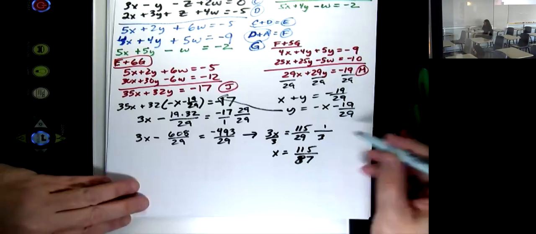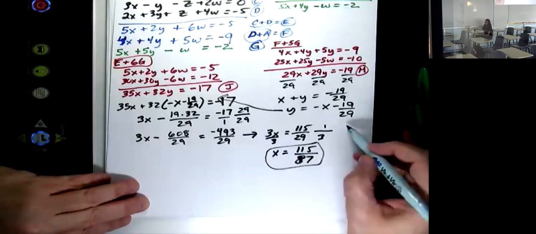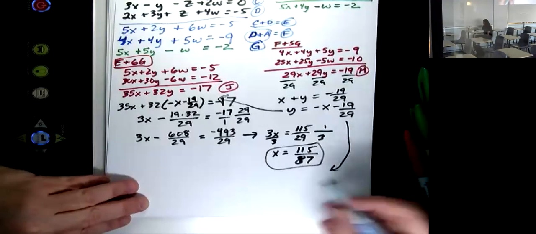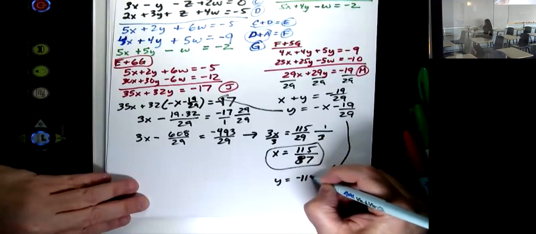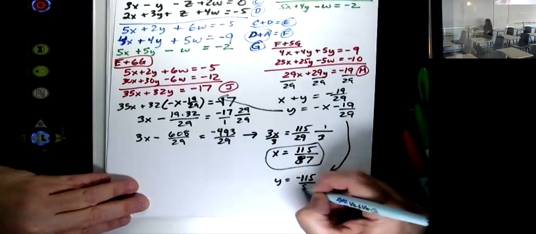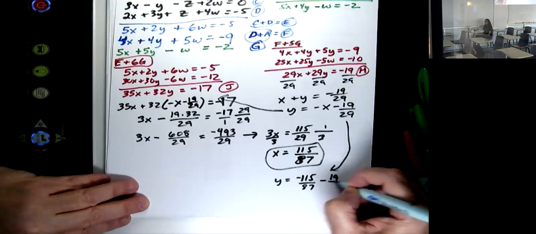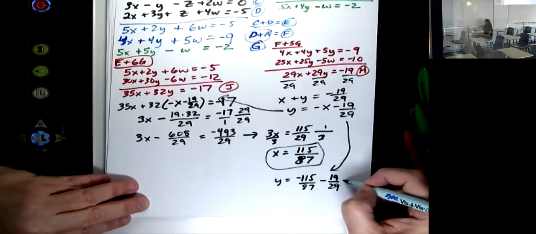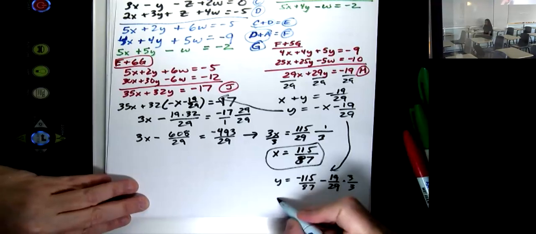All right, so that's X. Let's figure out Y. Negative 115 over 87. Minus 19 over 29, and we need to multiply that by 3 over 3 to get the same 87.